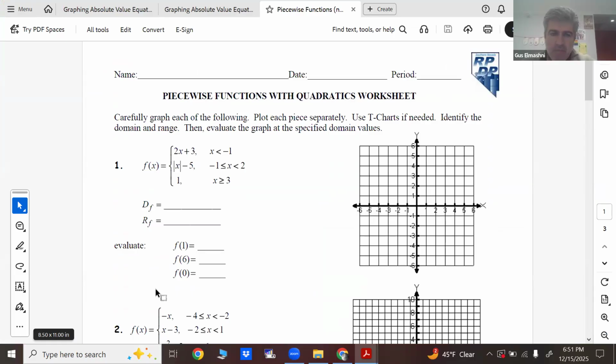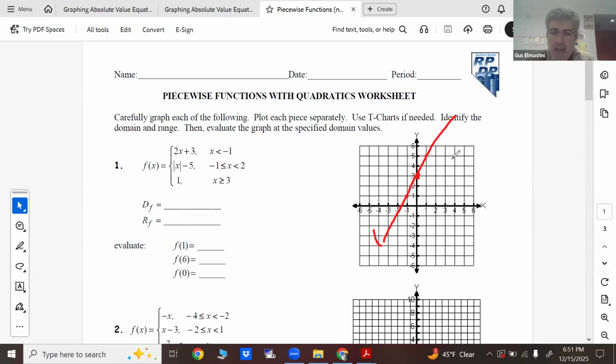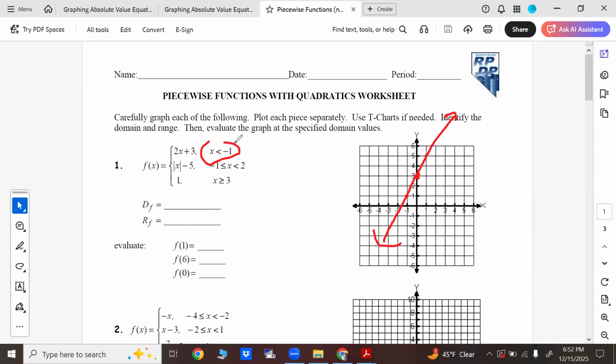So you're graphing 2x plus 3, up 2 over 1. So that's easy. However, it didn't ask to graph this for all of x, only when x is this. So you have to plug -1 back into the equation.